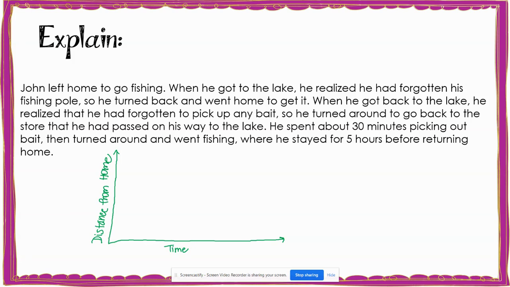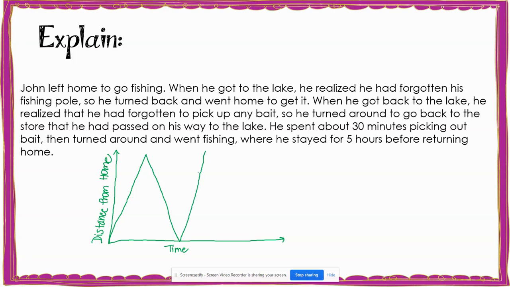So at first, John leaves home to go fishing. So we don't know where he went, but he goes all the way to the lake. But when he gets there, he realizes he can't go fishing because he doesn't have his fishing pole. So he has to turn all the way around and go back home.